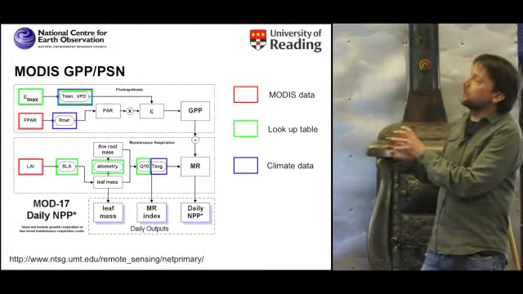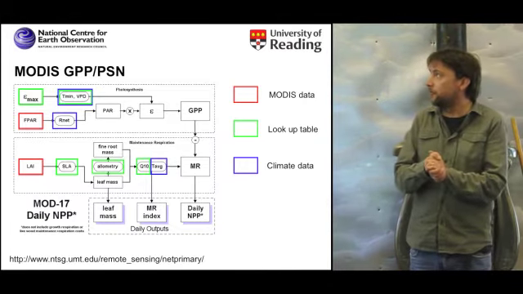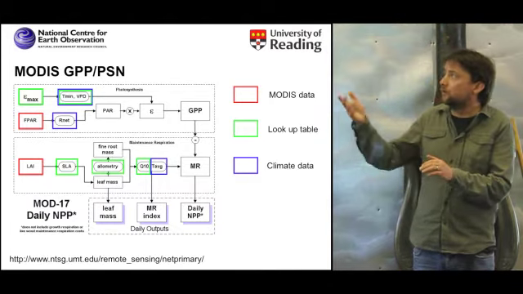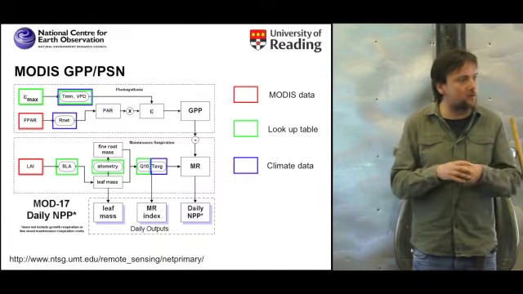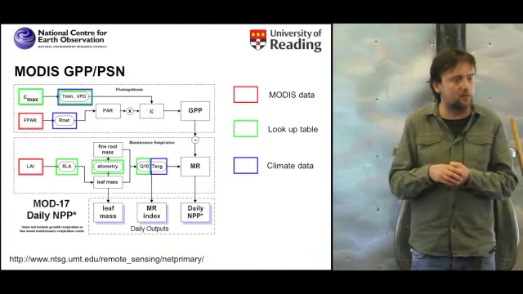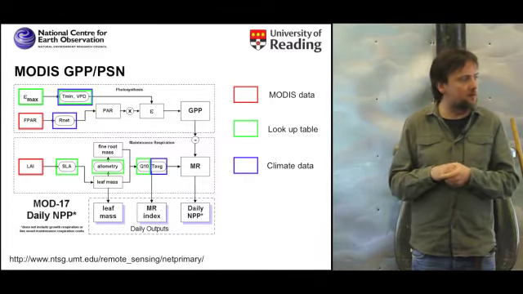And the blue stuff is where there's some kind of external climate data being employed: minimum temperature, vapor pressure deficit, and so on. That all comes from external sources to drive this product, and the accuracy of the products is, to a large degree, dependent on that.